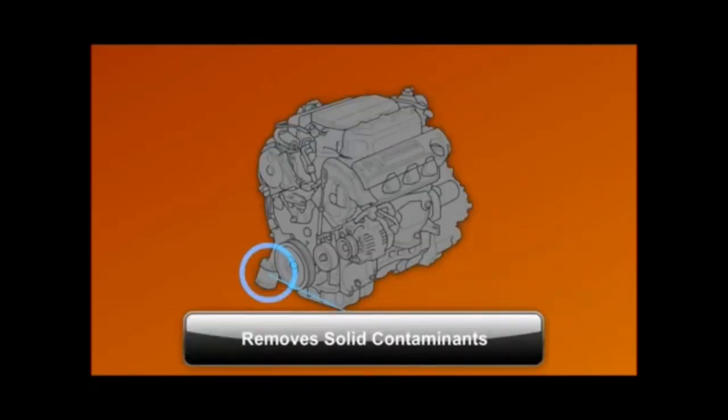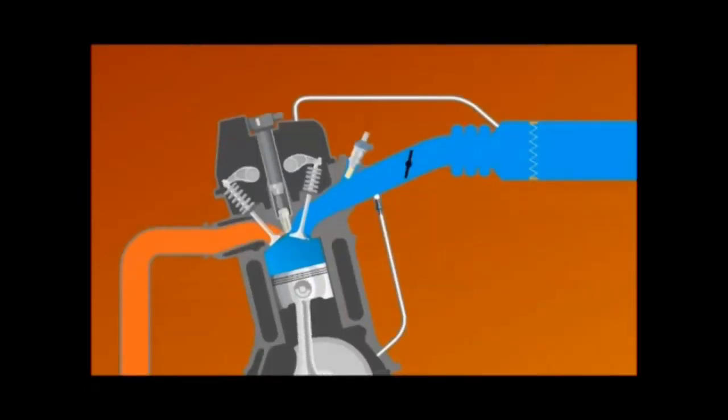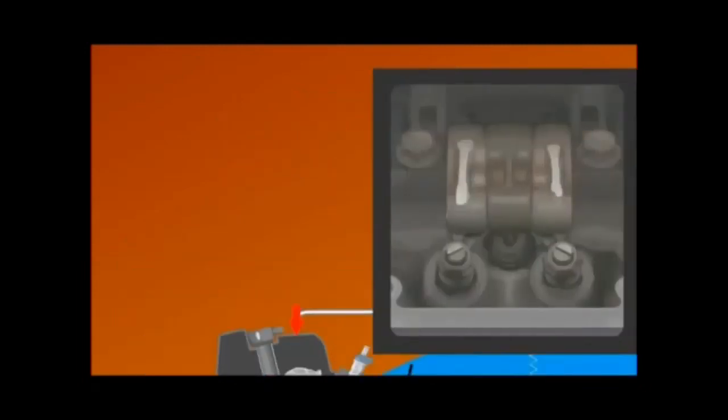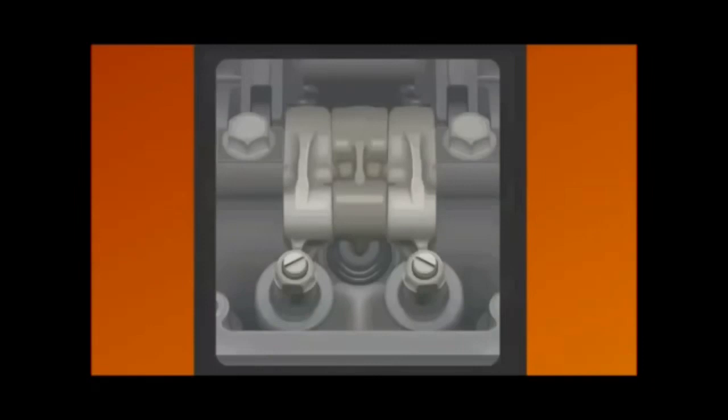while the oil filter removes solid contaminants. The positive crankcase ventilation, or PCV, system removes gas contamination from the crankcase. This contamination includes combustion gases that leak past the pistons and rings. The PCV system draws in filtered air and uses engine vacuum to send crankcase vapors to the combustion chamber. This reduces sludge formation and helps increase engine oil life.